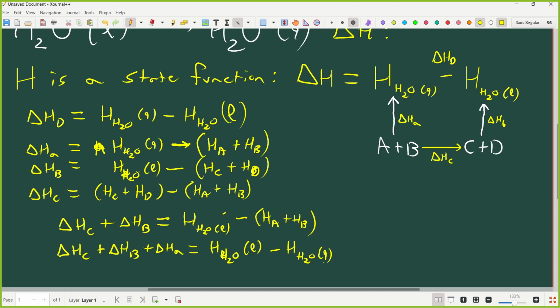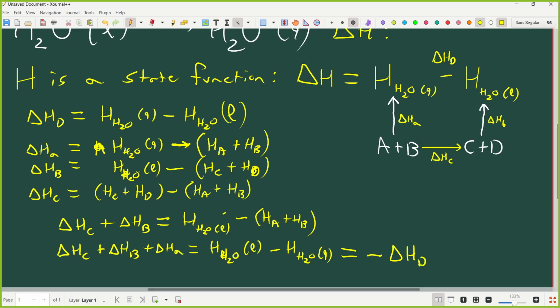So now if you notice, if I take the sum of these three steps that I've taken, kind of looped around the reaction I want, if I can measure these three, then I get an enthalpy difference of my two products that I wanted to measure in the first place. Now it's flipped from what I want, but that's pretty straightforward. That just means that this is equal to minus HD.